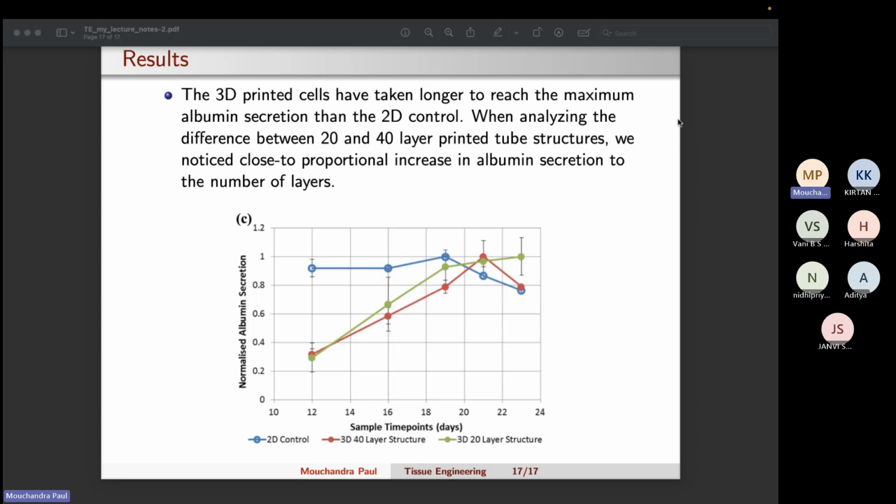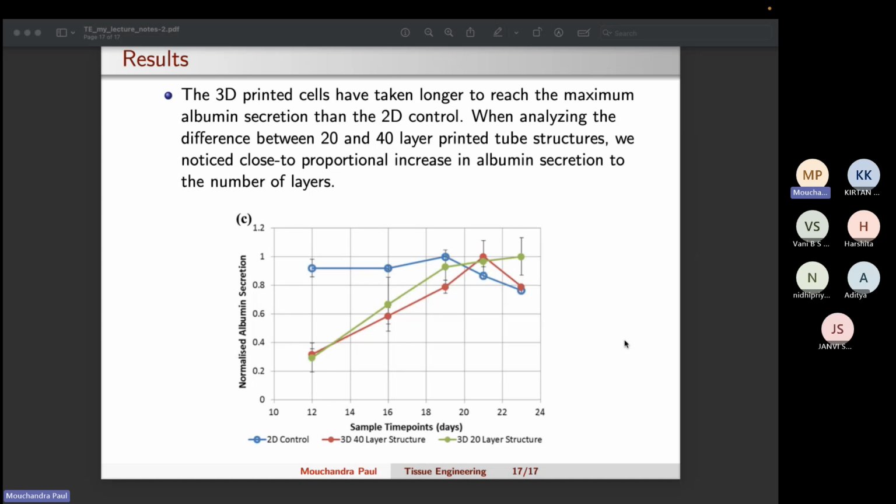But whatever be the case, you are able to see that the 3D printing using hydrogel, sodium alginate, and the printing conditions that you have supplied is not affecting the differentiation process, right?